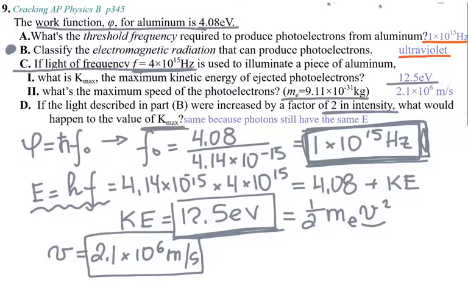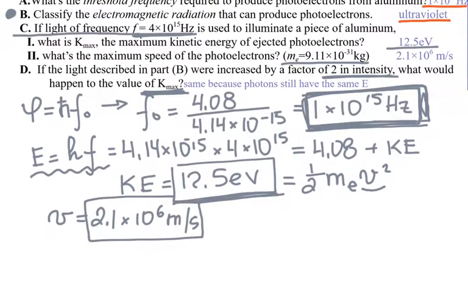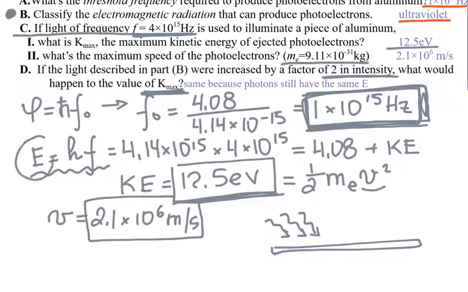Because intensity is increased, that means you have the metal, aluminum, and photons are coming here. Each photon has the photon energy E, and when electrons are pulled out, I'm going to do 3 photons, 3 electrons. They all have kinetic energy, the one that we found.